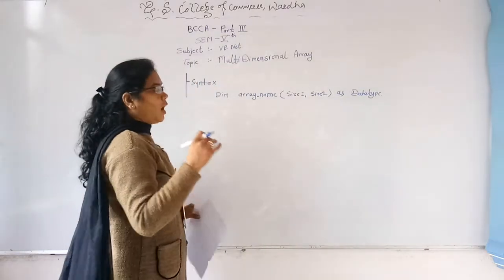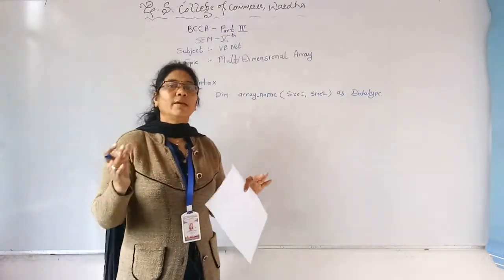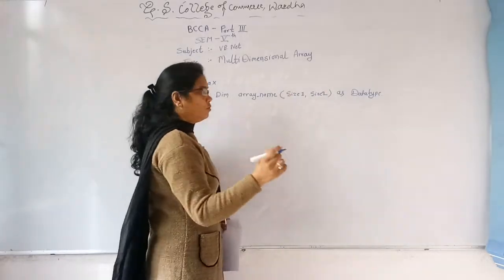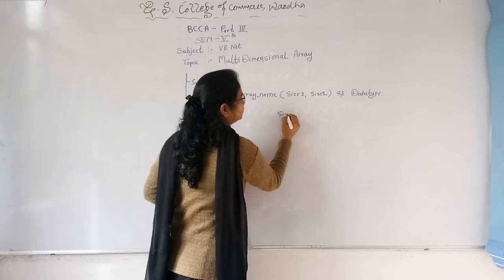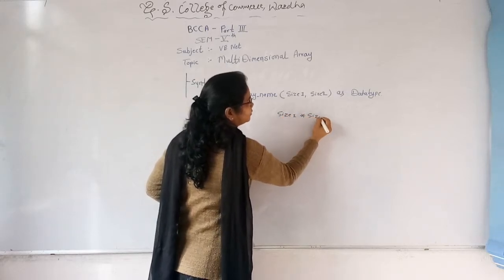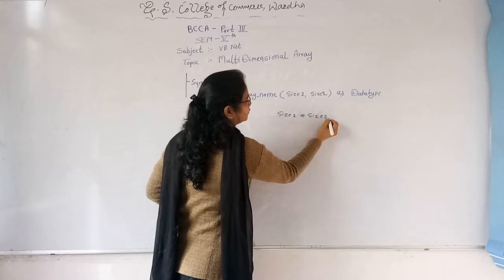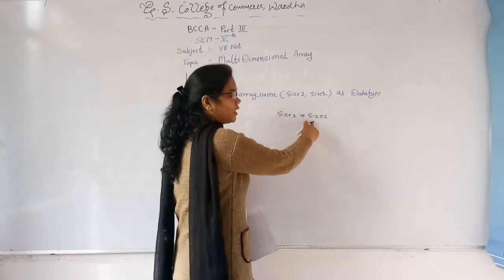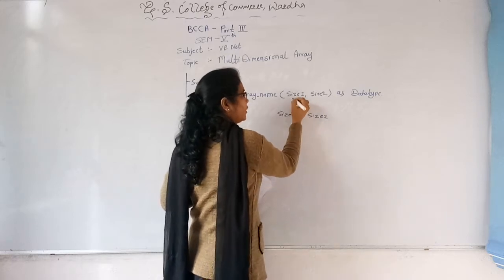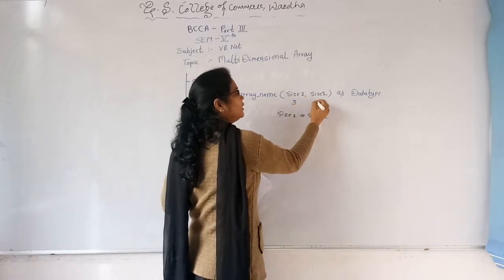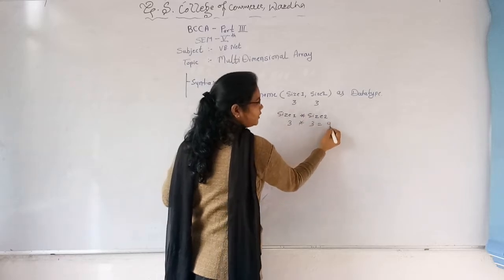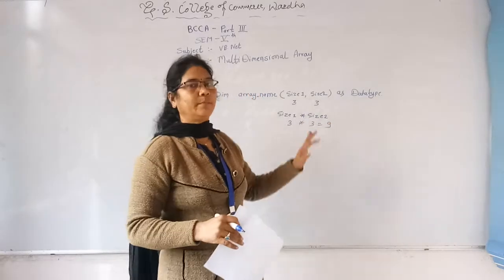Now how much memory will be used by this creation? Size 1 into size 2, that means the multiplication of those two values. If I consider 3 here, it becomes 3 into 3, that means 9 elements we can store in that particular array.